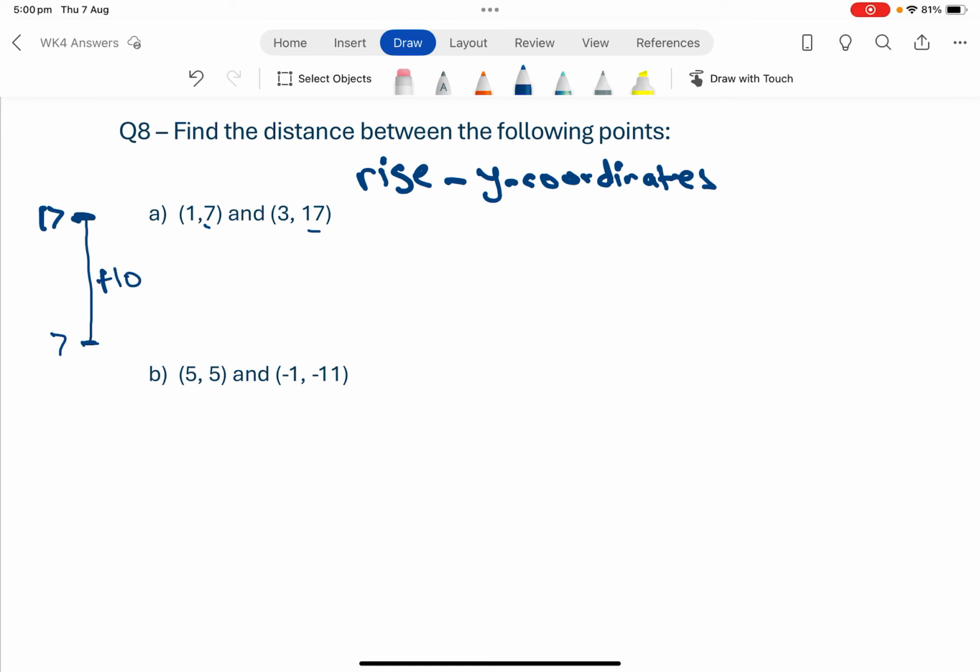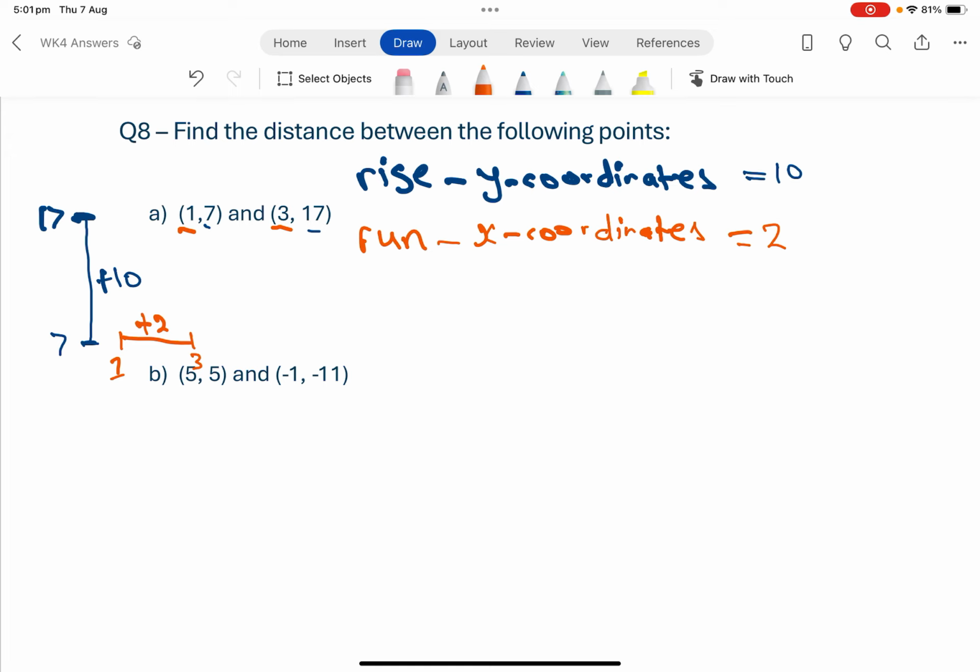So my rise is 10. And my run is going to be my x coordinates, so that's 1 and 3. If I started at 1 and ended up at 3, I've jumped 2 in the right direction. So my run is 2 to the right.